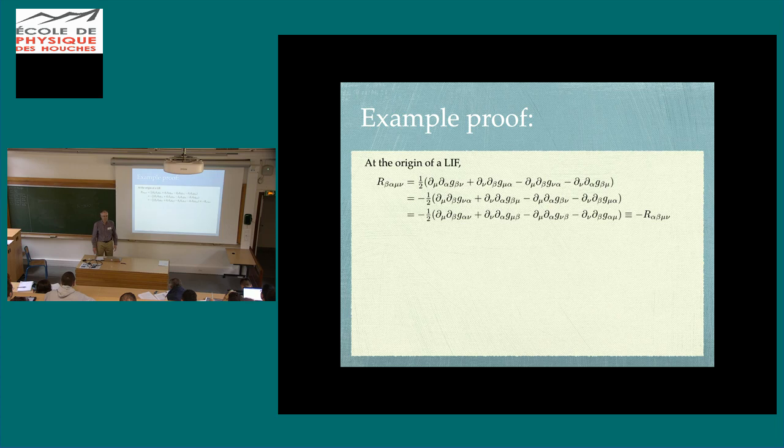I won't go over it in detail, but I think you get the picture. And then, of course, if this is a tensor equation, which we've shown to be true in one coordinate system, then it's automatically true in every coordinate system. And so going to the locally inertial frame can really save a lot of calculation work.